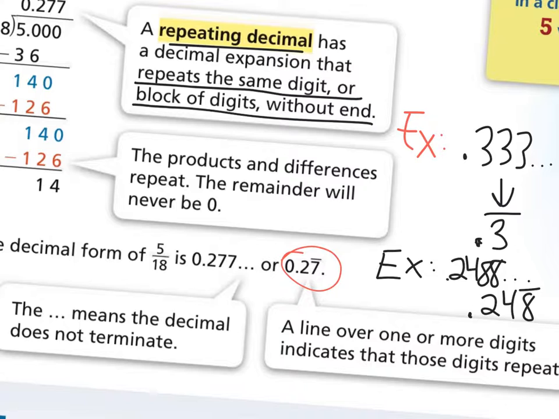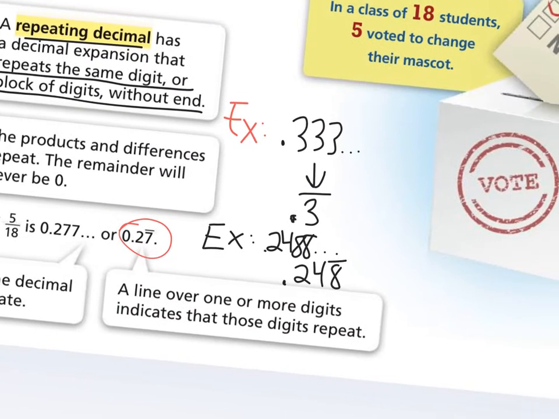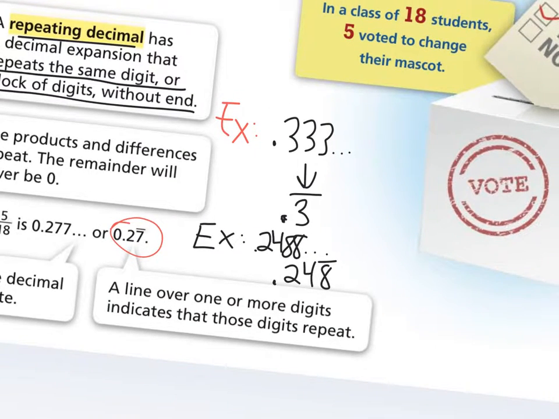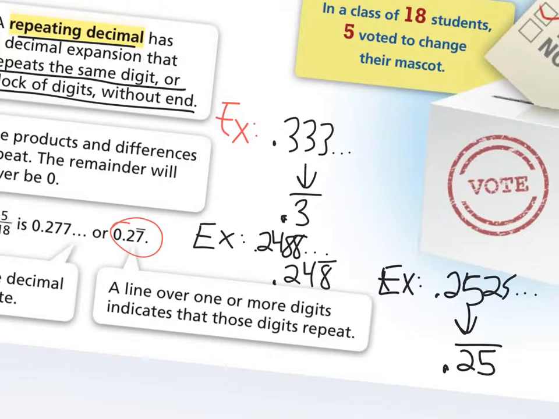One more example, just for variety. We could have like 0.2525 and so on. In that case, both the 2 and the 5 are repeating, so we would put the bar above both of those numbers.